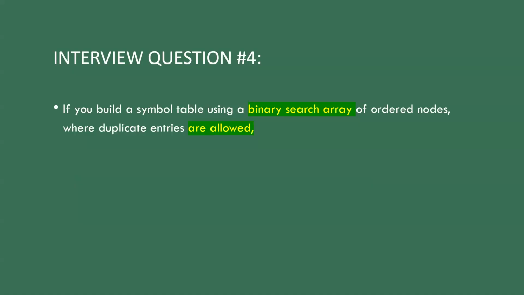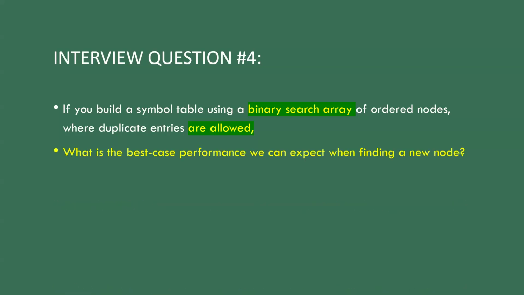Another one, if you build a symbol table using binary search where duplicate entries are allowed, so we're searching, what is the best case we can expect when finding a new node? If we're finding a new node, we could get lucky and find it on the first search. That's entirely possible. So this is a different question than the previous one. I'm throwing different questions at you.